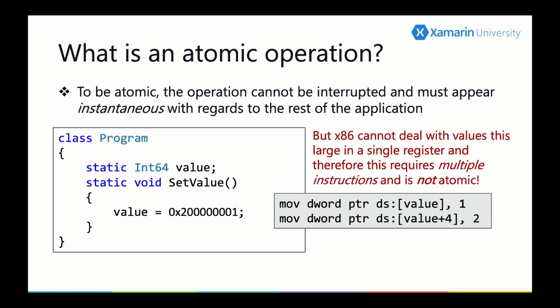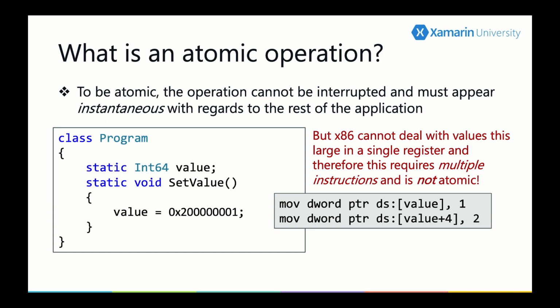If, however, we run that code on a 32-bit processor, then it's a bit different, because there the complete 64-bit value cannot be moved and written in a single instruction. So what happens is that the operation is split into two instructions. And between these two instructions, there's a chance that a thread switch would occur.